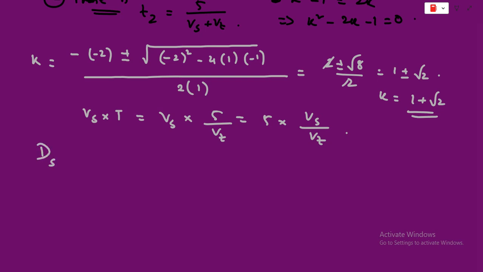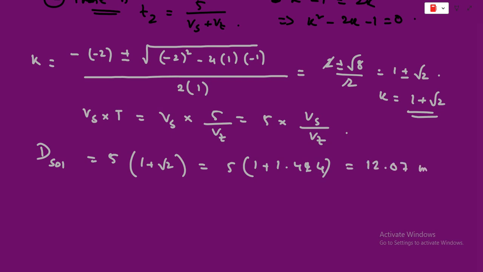So the distance of the soldier is 5 into 1 plus root 2, that is 5 into 1 plus 1.414. So this will be 12.07 meters. So this is the solution for this question.